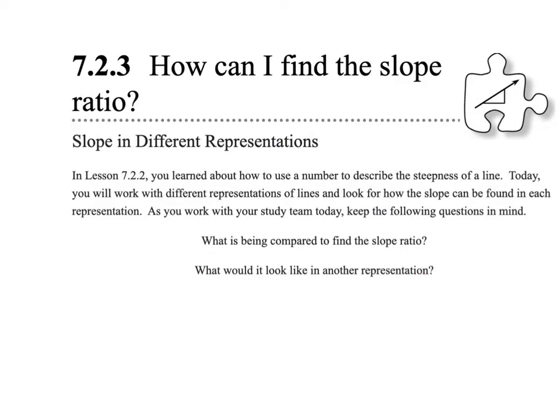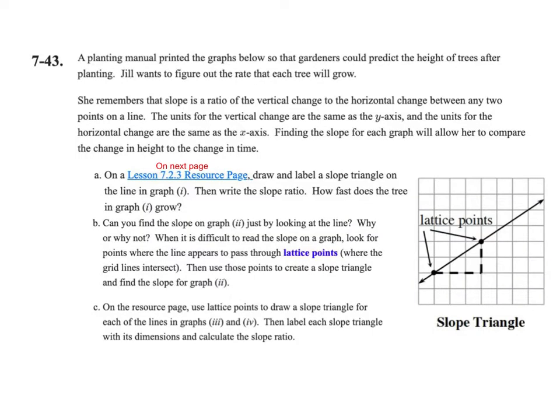So let's keep going. This next question is big and has lots of parts, so I'll read the whole thing and then we'll go on to the next page where it'll be summarized. A planting manual printed the graphs below so that gardeners could predict the height of trees after planting. Jill wants to figure out the rate that each tree will grow. She remembers that the slope is the ratio of the vertical change to the horizontal change between any two points on a line.